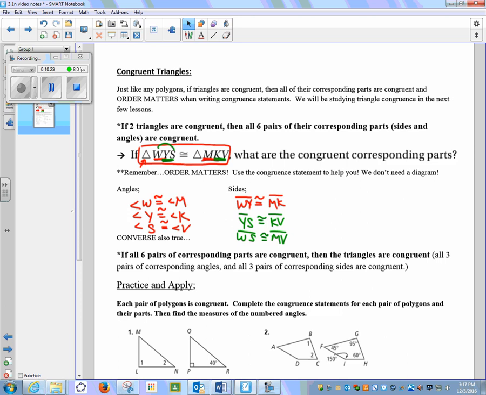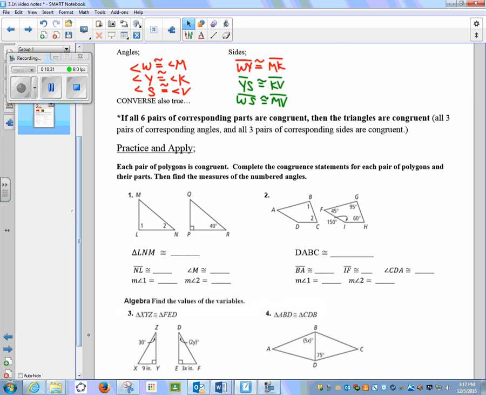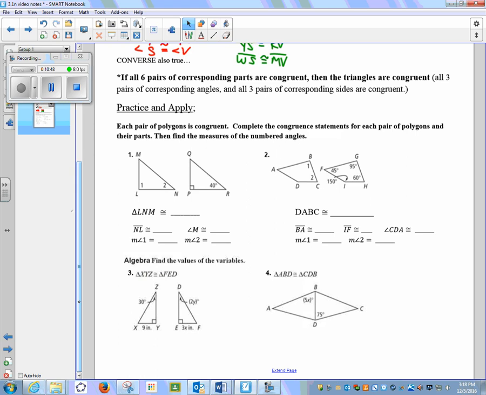All right, good. Now, if we're talking about triangles, we're talking about 3 pairs of congruent angles and 3 pairs of congruent sides. So there's really 6 pairs of corresponding parts. When we look at this little practice here, we're talking about writing the congruent statement. Remember, order matters.